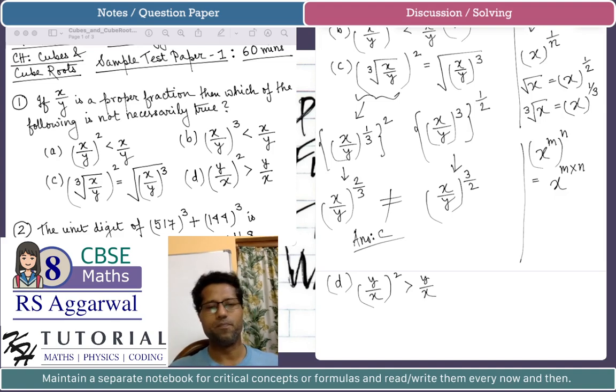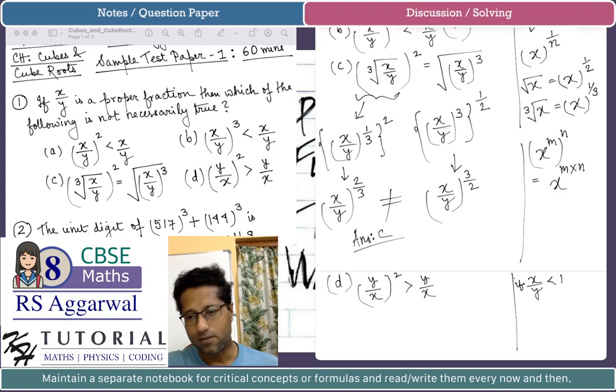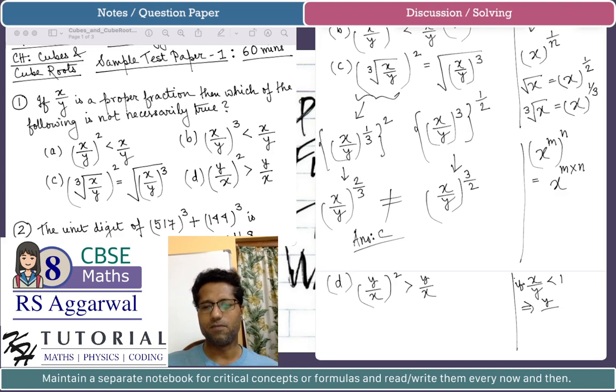Now why is this so? It was given that x by y is a proper fraction. This means that x by y is less than 1. If x by y is less than 1, then its reciprocal, y by x, will be greater than 1.